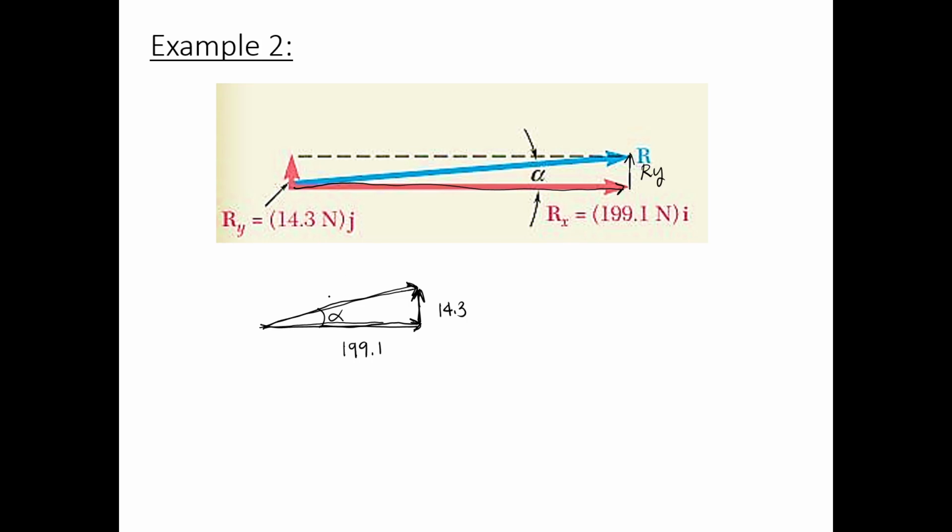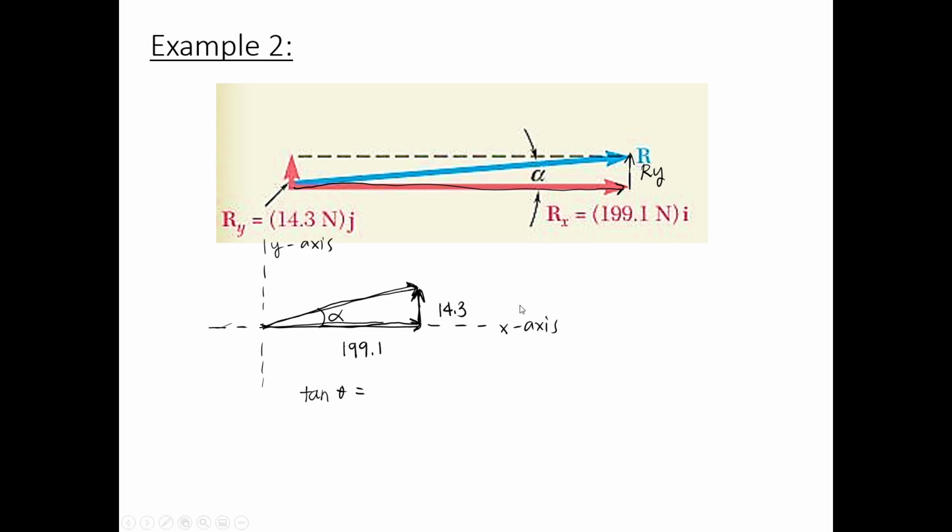So again, if you try to determine the angle of your resultant force, let's say this one is your x-axis, and this one is your y-axis. So using the tangent function, your equation becomes, opposite the angle.